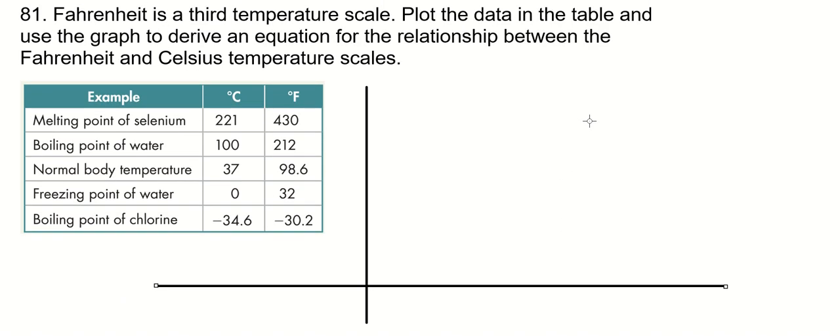Let's call the Y Fahrenheit, uppercase, and let's call the X Celsius. All right, and let's plot these things. There's only five of them, not too bad. Let's go with blue.